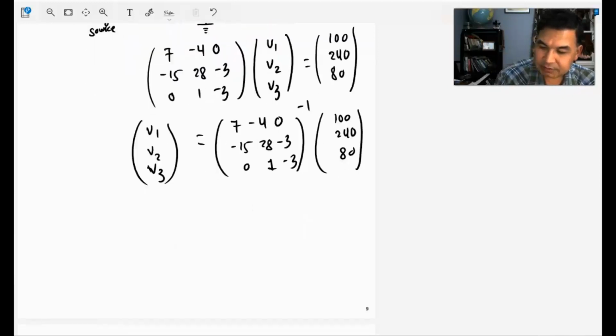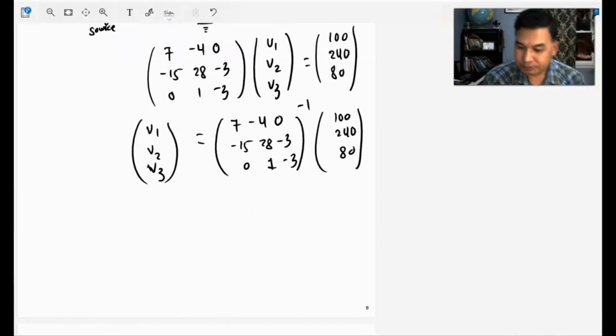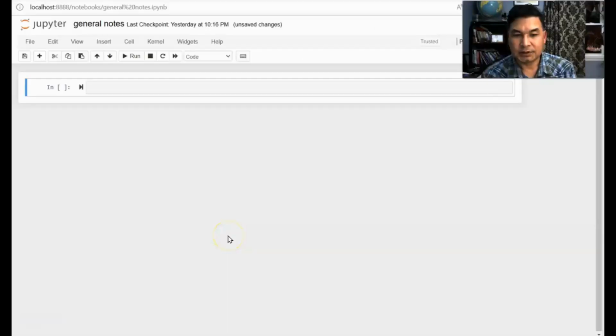Now you can solve this equation using your TI-84 Plus calculator or any other calculator that supports matrix algebra. Or I'm going to show you how to solve this matrix using Python programming, using the NumPy package. I'm going to show you how to calculate that 3×3 matrix to solve the unknown voltages V1, V2, and V3 using Python.